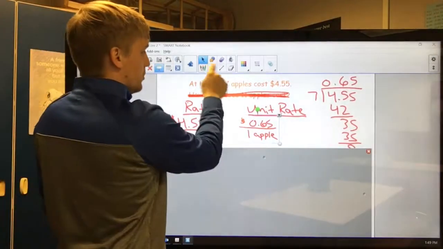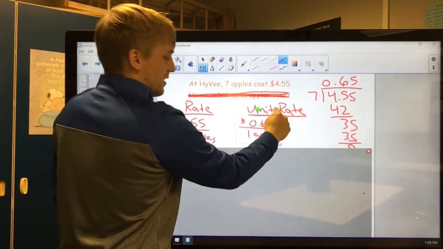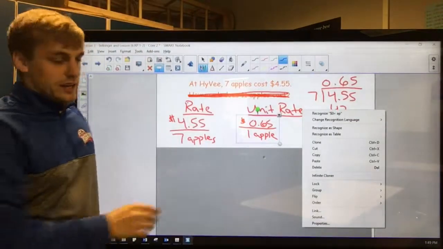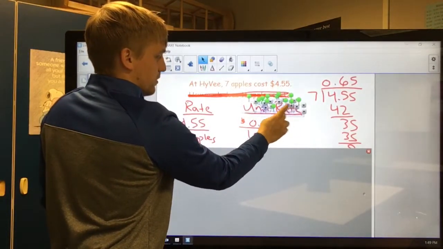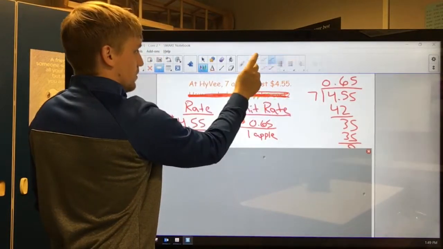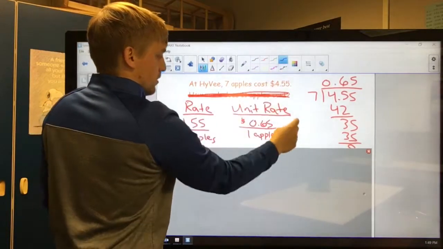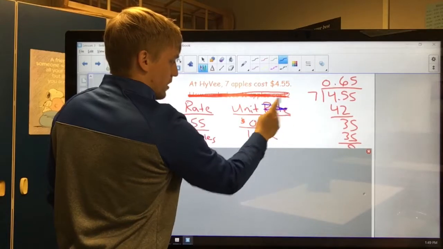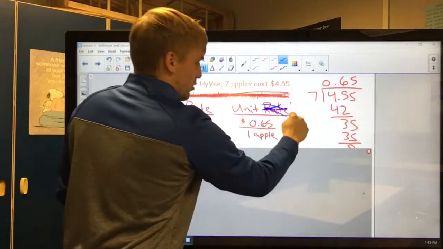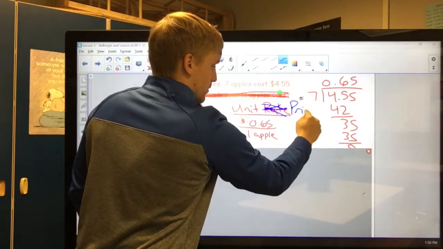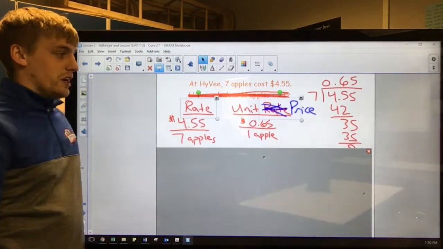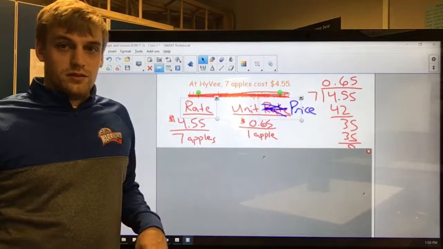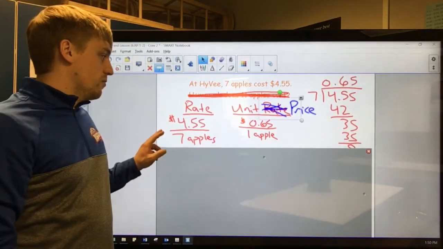That would be our unit rate. But since this has money in it, we can cross out rate and put price. This is our unit price.